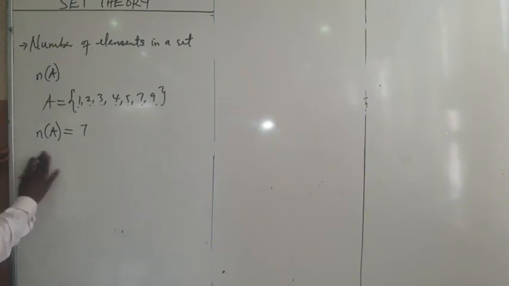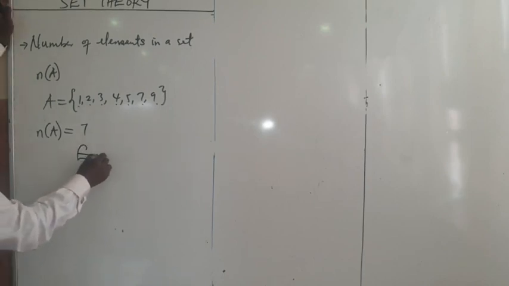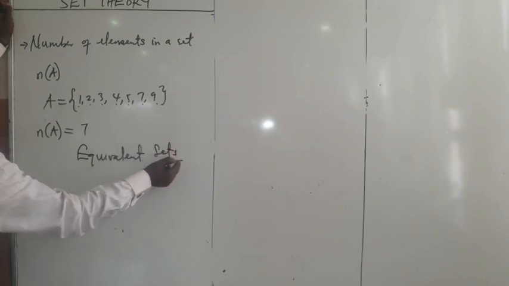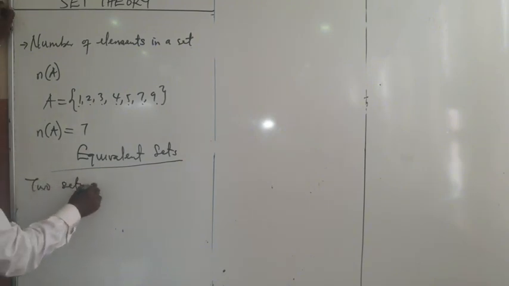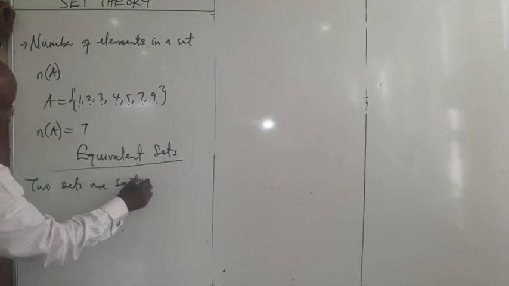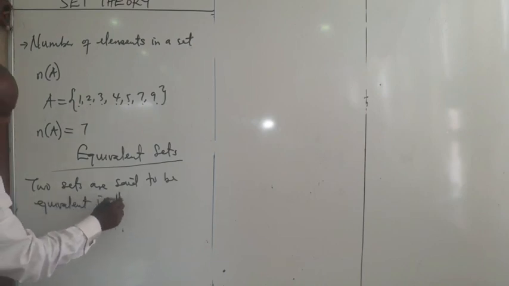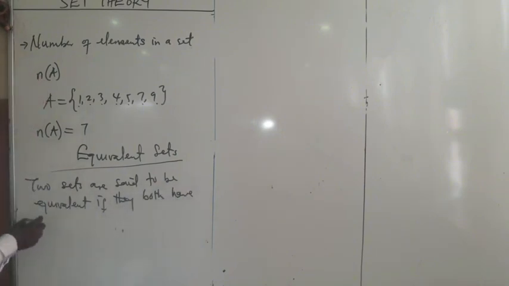Then we have equivalent sets. Two sets are said to be equivalent if they both have the same number of elements.